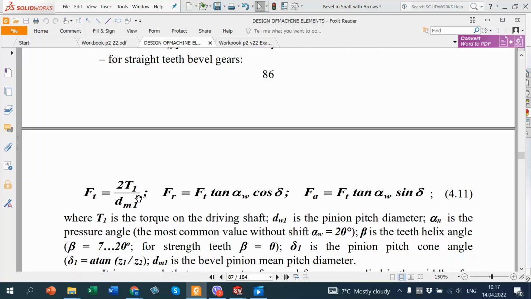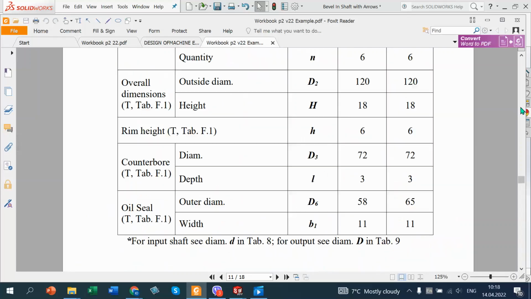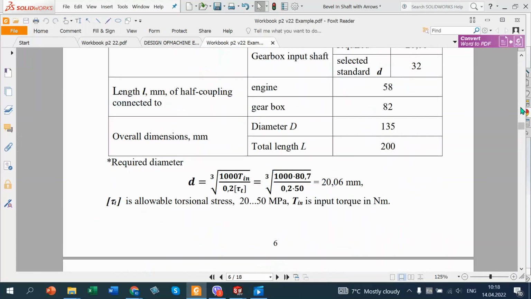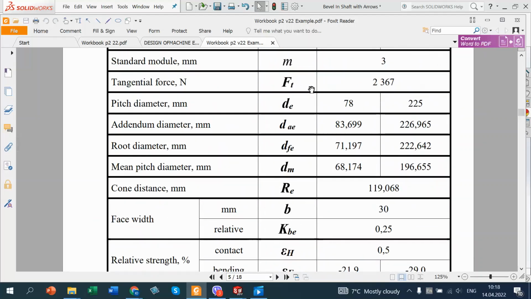We know these two parameters, but if you calculate your gear transfer, you have this force which is calculated previously. Table 7, Ft, tangential force.